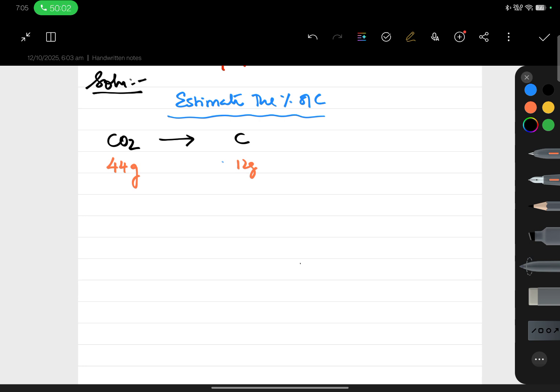What is the mass of carbon itself? 12 grams. You should remember these molar masses, the molar mass of carbon dioxide. So 44 grams of carbon dioxide gives you 12 grams of carbon. But how much carbon dioxide have they given in the problem?